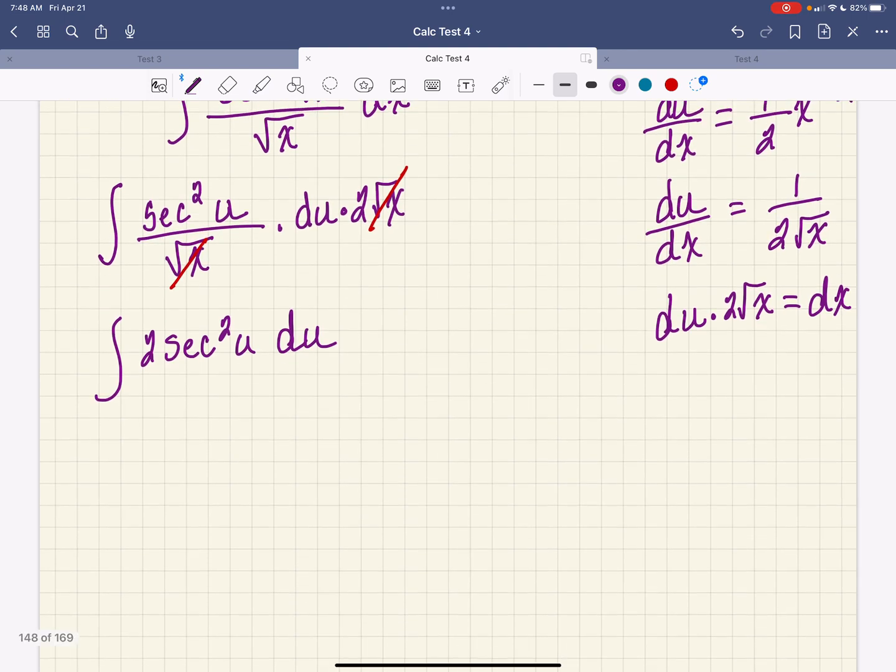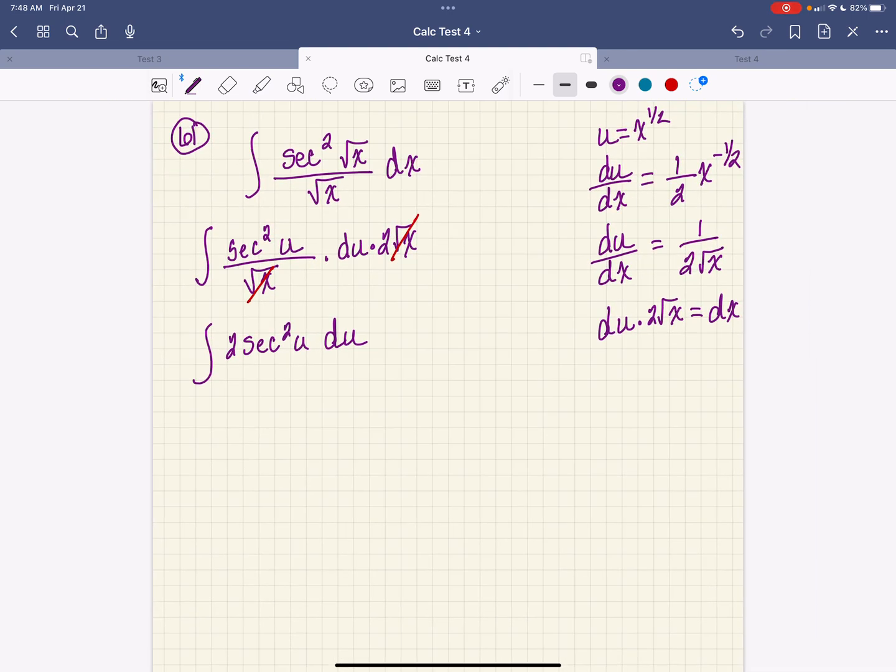You'll remember with your trig derivatives and integrals that if we take the antiderivative of secant squared of u, we get tangent of u. So I've got 2 tangent of u plus c, and then I substitute that back in. So I've got 2 tangent of square root of x plus c. And that is our answer right there.